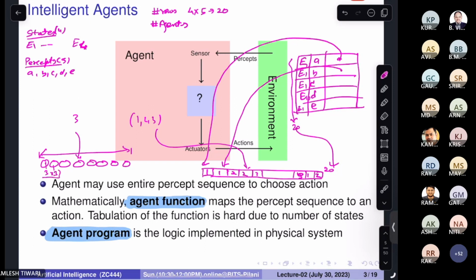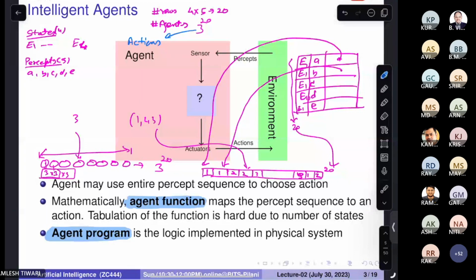So for the 2 places it becomes 3 multiplied by 3 possible values. Again, if this comes, then 3 multiplied by 3 multiplied by 3. So in essence, it is 3 to the power 20. So the number of agents is 3 to the power 20. Try to understand how it is. The base is how many actions I can take, 3 actions.